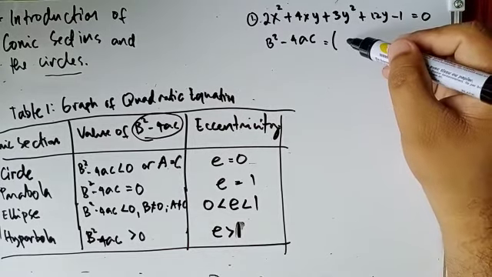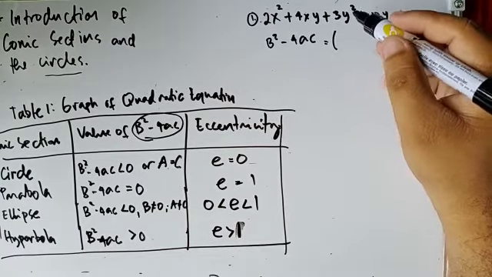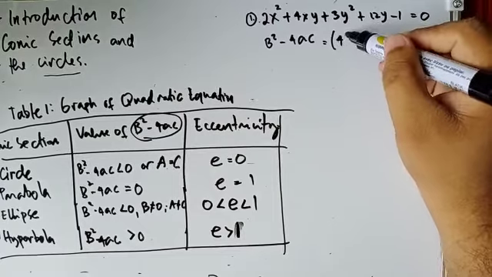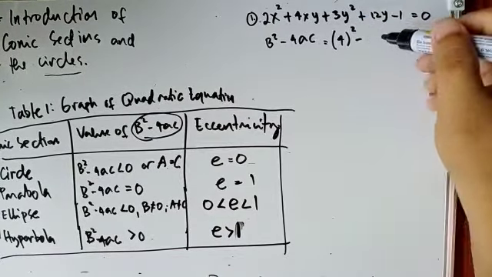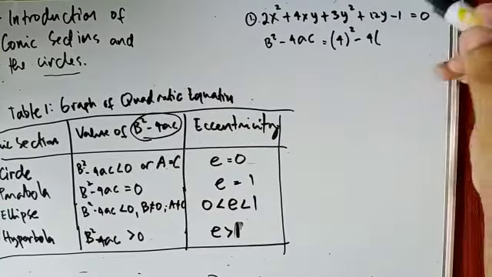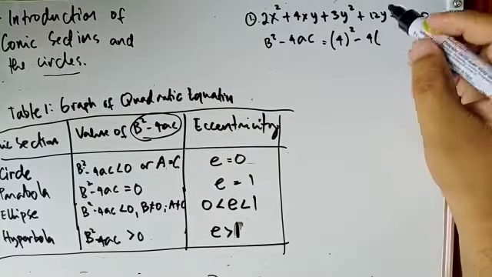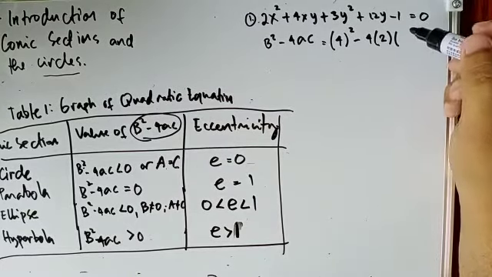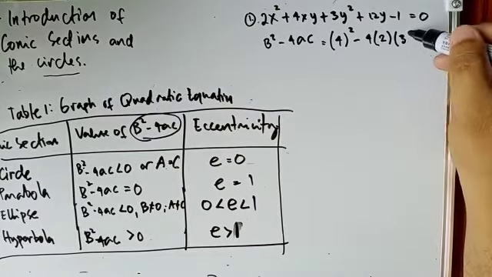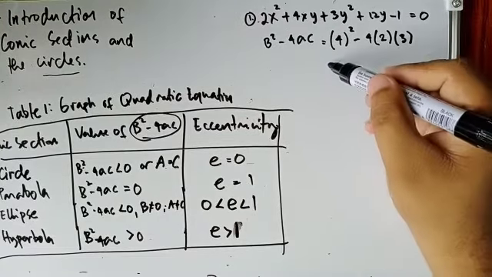Nakuha. Sige, let's try to substitute. Ano yung B natin dito? So, B natin, that is 4. Ito yun, oh. B squared minus 4AC. Ano yung A? Very good. Yung A natin dito is 2. Tapos yung C natin, that is 3. So, solve natin here.